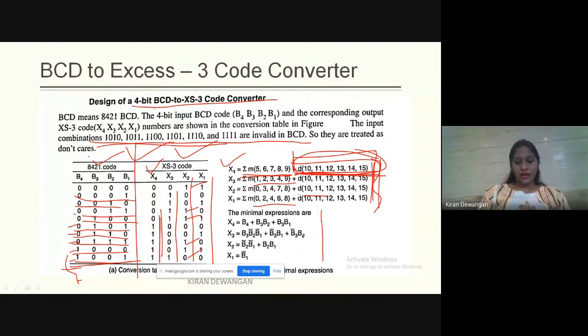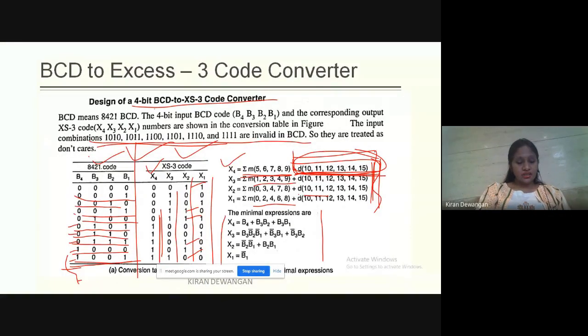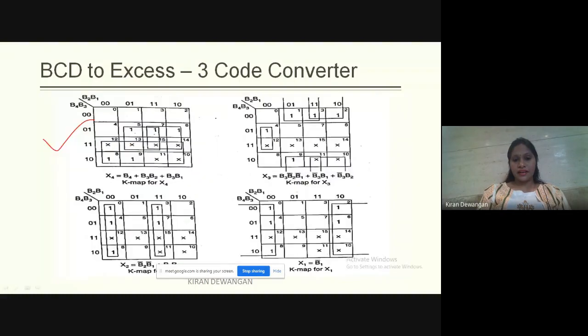ठीक है. Now by using the K map we'll obtain the minimal expressions for X4, X3, X2 and X1. So for X4 it's 5, 6, 7, 8, 9. So here it is 5, 6, 7, 8 and 9.